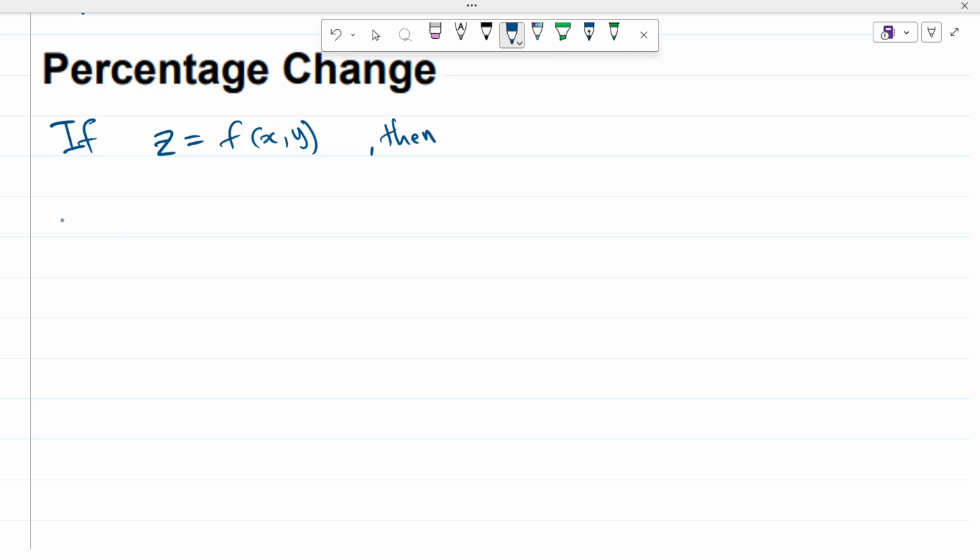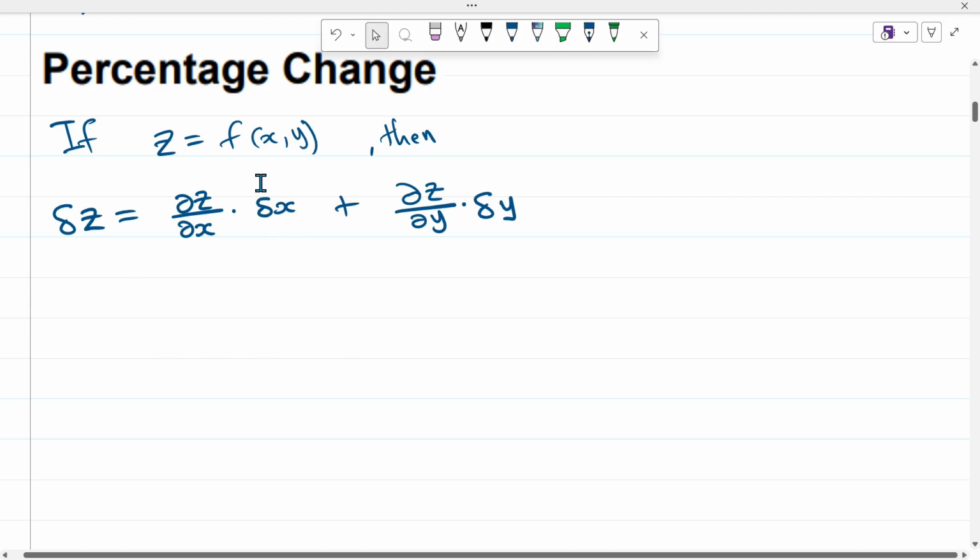Percentage change of z is going to be equivalent to partial derivative of z with respect to x multiplied by the percentage change in x, plus partial derivative of z with respect to y multiplied by the percentage change in y. Then this is going to be the total approximate percentage change of z.